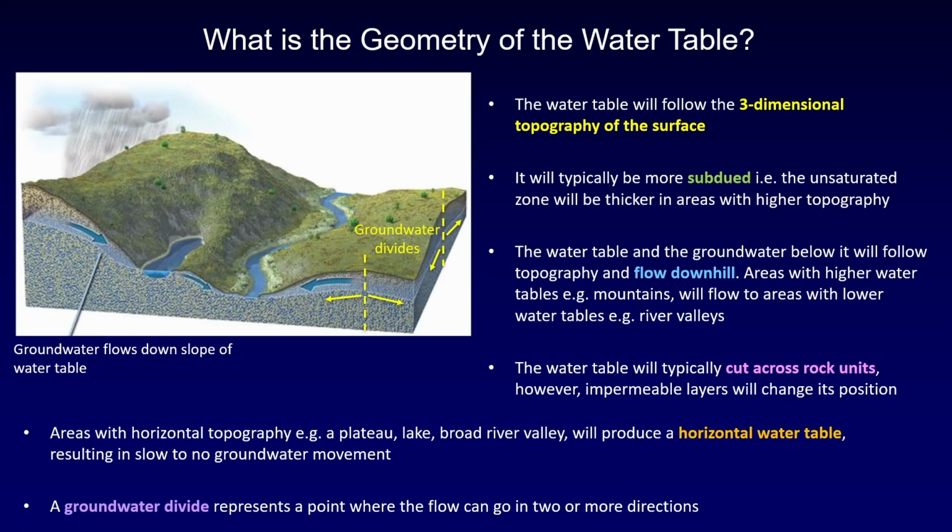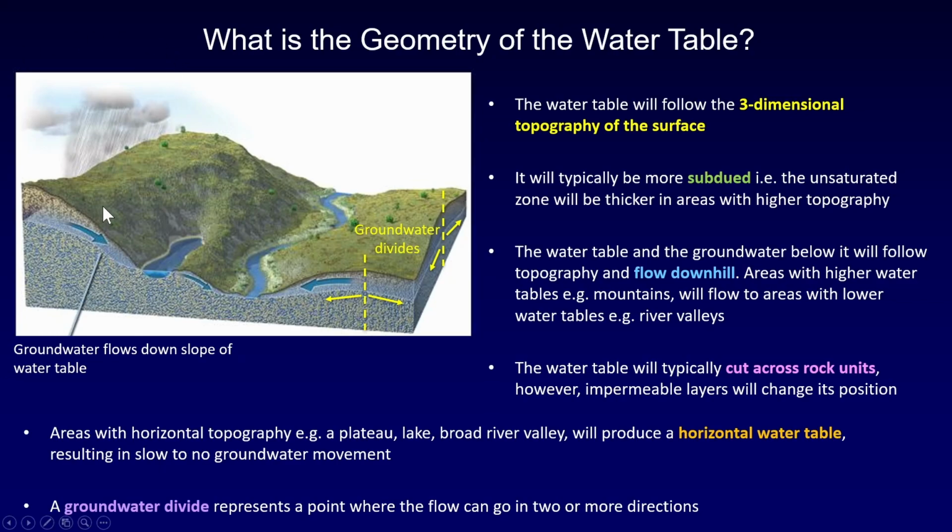Now, where we have areas with elevated terrain, the water table is going to be subdued compared to the topography. So what this means is that the unsaturated zone will be thicker.